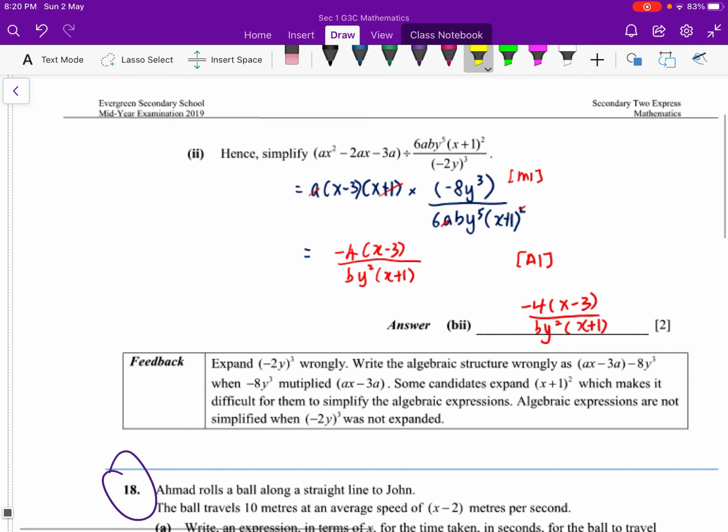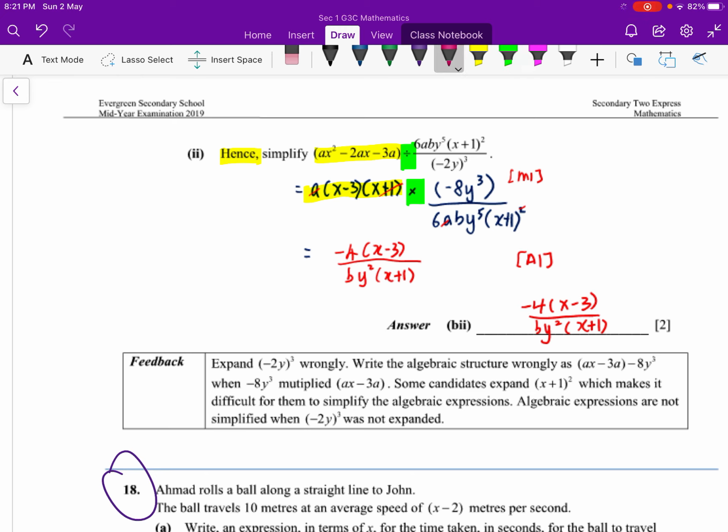Now the next portion says hence simplify. So hence you have no choice but to use whatever was found in the previous part. So you notice that this actually came from part 1. So you put out a result in part 1, then your division by a fraction is just keep the first term, change the sign, divide to multiply, and flip everything over.